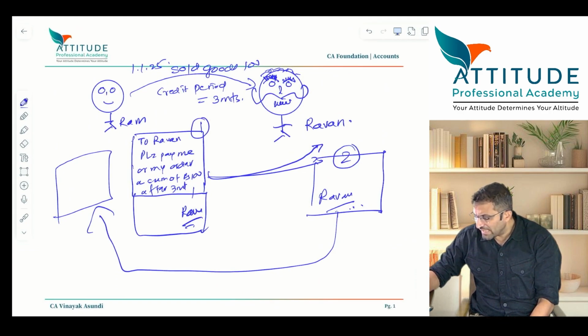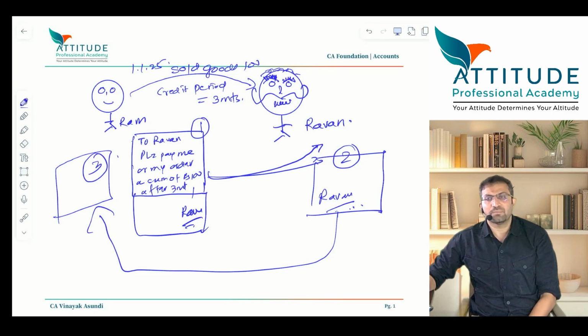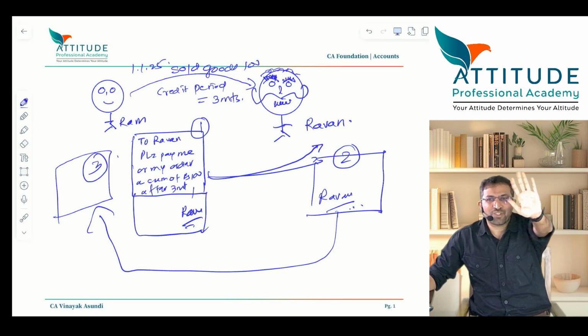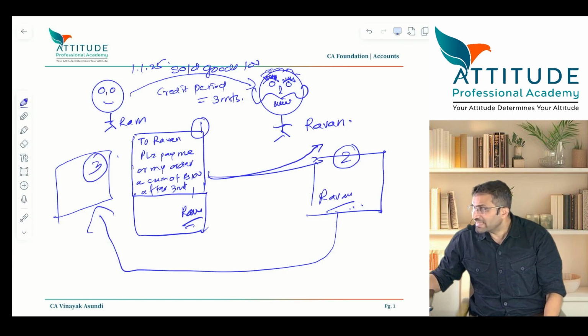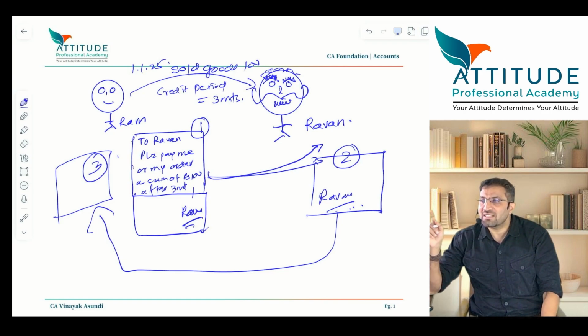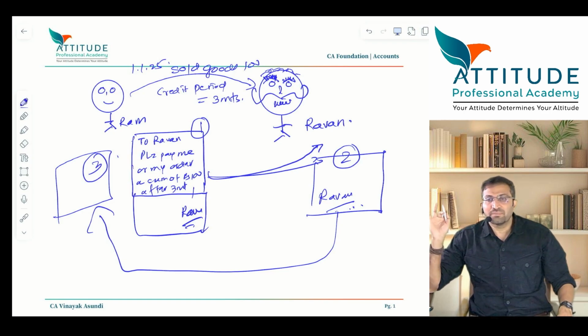Ravan signs it and sends it back to Ram. Now tell me, for Ram it's an assurance that Ravan is going to pay the money after how many months? 3 months. If he doesn't pay it, anyway he has signed it, he has accepted it. Yes or no? Correct. He can go to the court of law if Ravan doesn't make the payment to Ram.